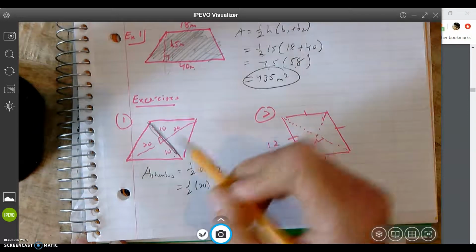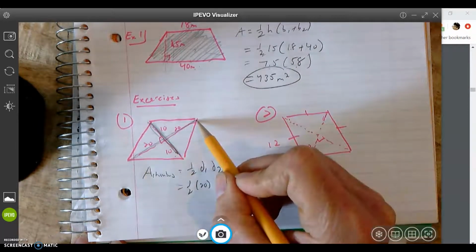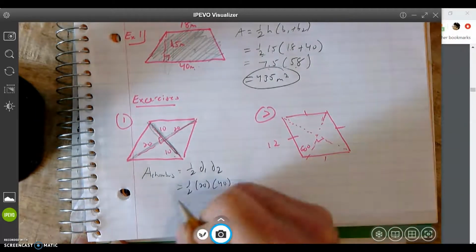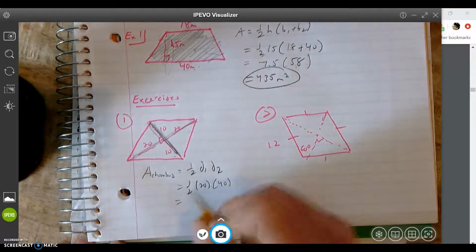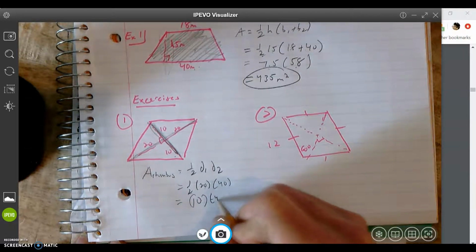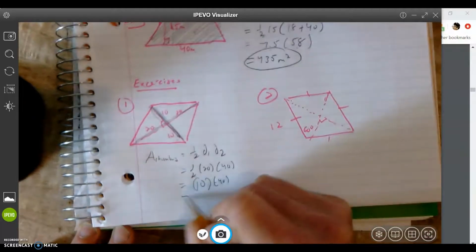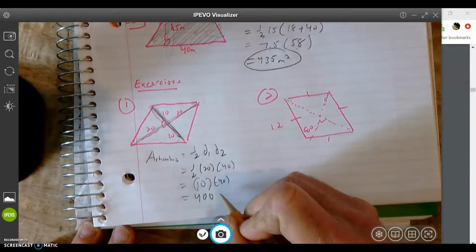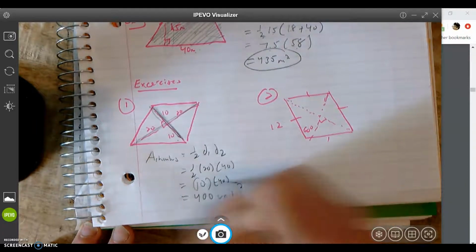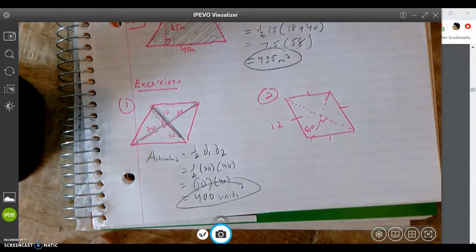Okay, the next one, what's the length of this diagonal? 20 plus 20, which is 40. So half of 20 is 10. 10 times 40 is 400. No units right there, so I'm just going to write units squared. Got it. So 1 done.